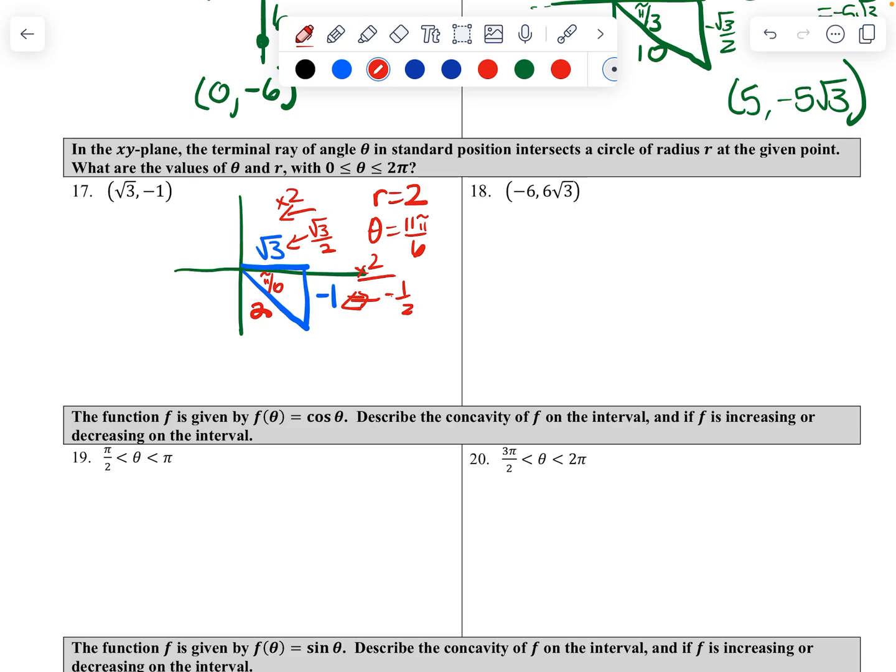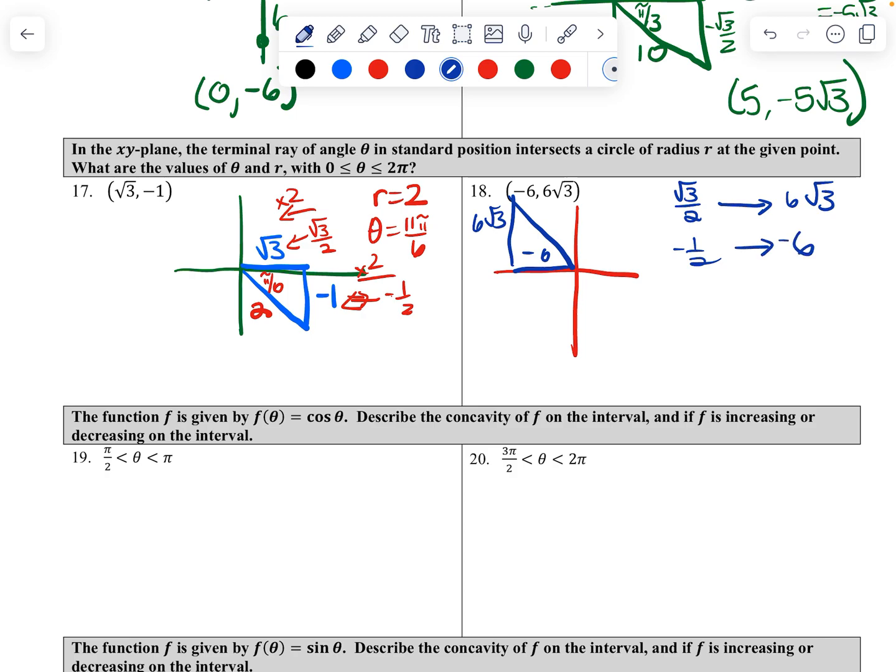All right, and the next one, let's see if we graph this. We have negative 6, positive 6 root 3. So this side, I'm thinking root 3 over 2, how did we get to 6 root 3? And then this other one would be negative half. How did we get to negative 6?